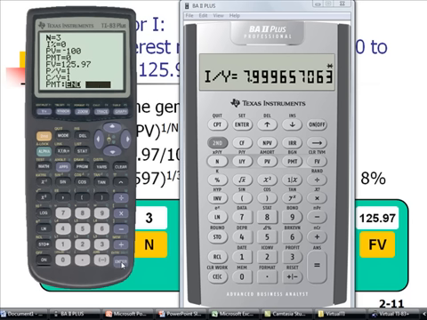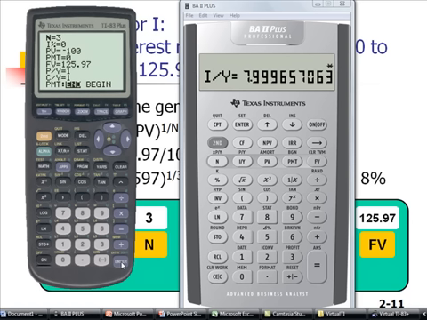And then as for this payment thing, end versus begin, it doesn't matter for this problem, but most of the time that should be set to end. And so you should probably make sure that it's there, and if it's not, go ahead and put the cursor on end and push the enter button just to make sure. And then if you ever need to change it to begin, it's easy to do so, and I'll show you that later.